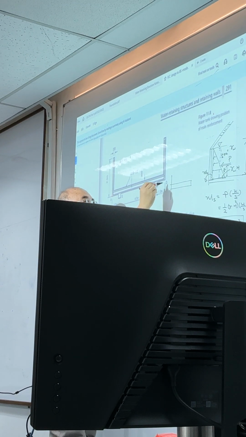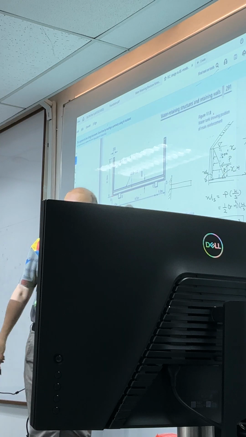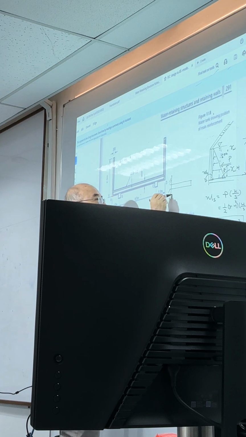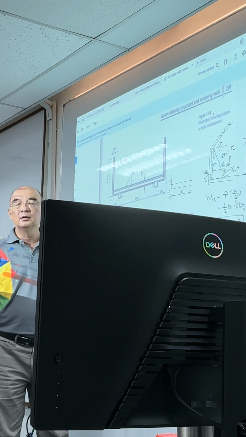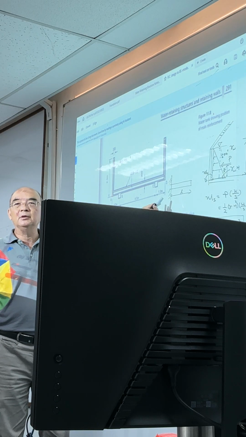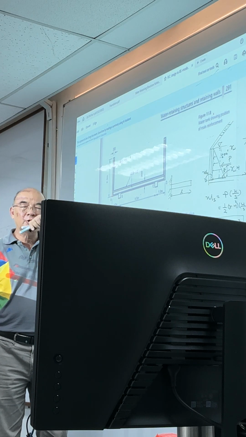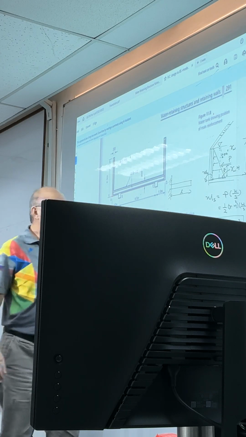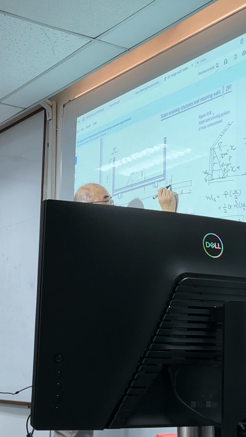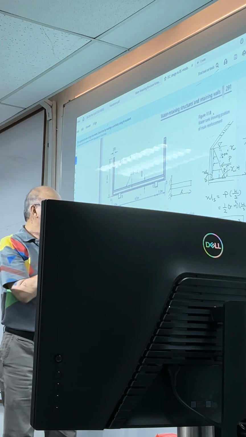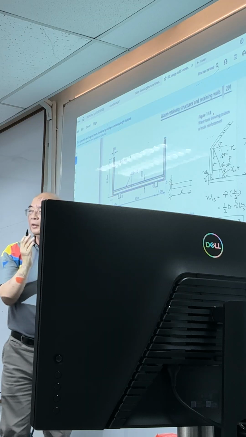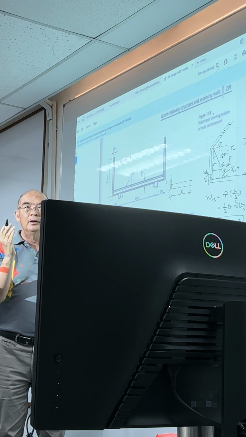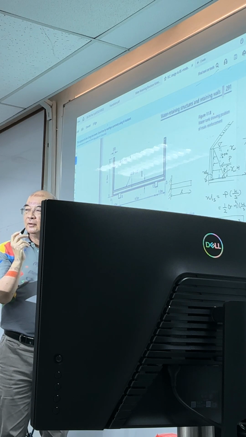This is a cantilever beam, right? So a cantilever beam has a clear span. Normally when we say L, it is actually the clear span. In the British code, they do not look at the clear span, they look at the effective span. So for the effective span, they consider a little bit inside, which is half a B inside.